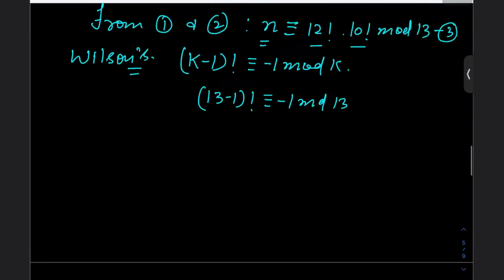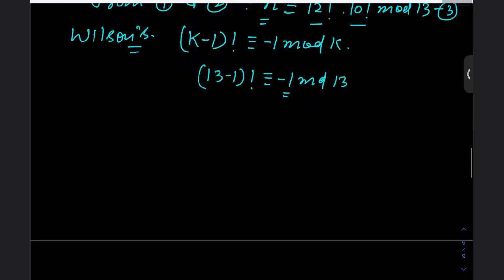As you know, if we divide 12 factorial by 13, we get remainder minus 1, but we don't know about 10 factorial. For 10 factorial, simplify this: 12 factorial we can write as 12 into 11 into 10 factorial, congruent to minus 1 modulo 13.